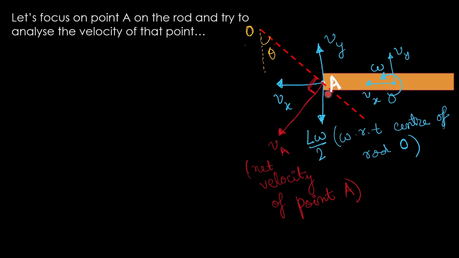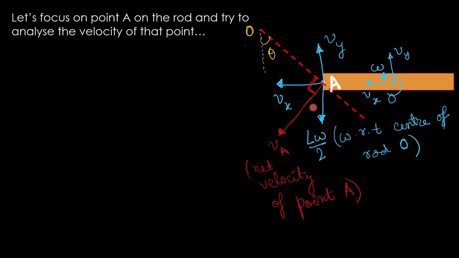Since the ground speed of O is Vy and Vx, when we write the ground velocity of A, the vector would be the ground velocity of point O plus the velocity of A with respect to point O. So with respect to point O, A moves in a circle, so it will have a velocity L omega by 2 in this direction, right? And the Vy and Vx is already there.